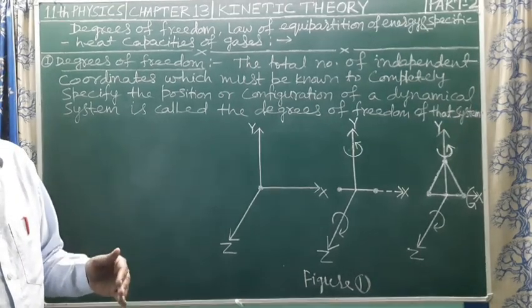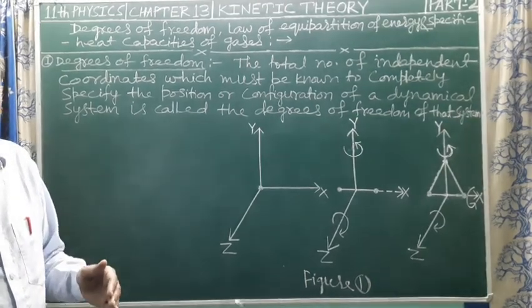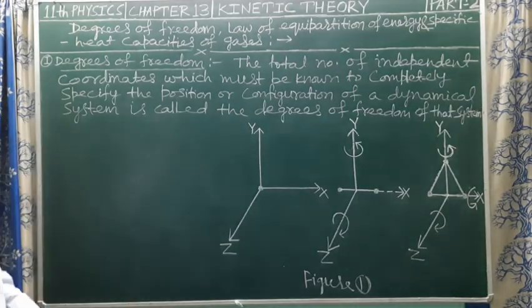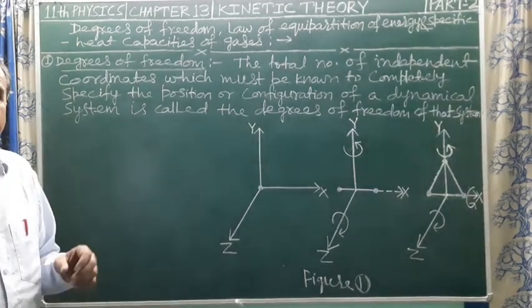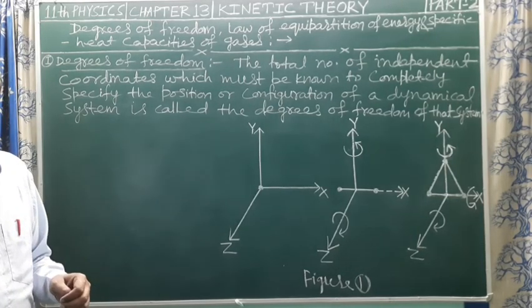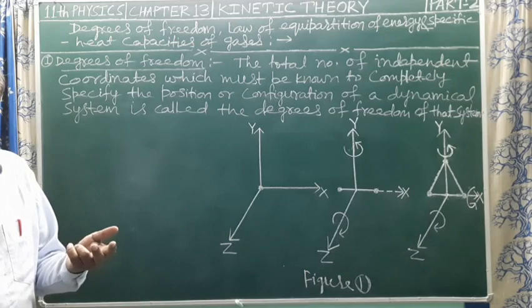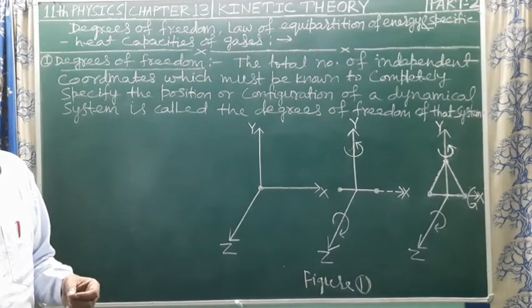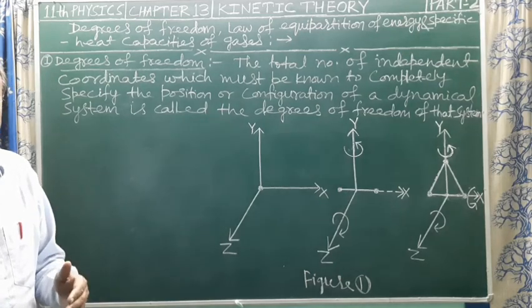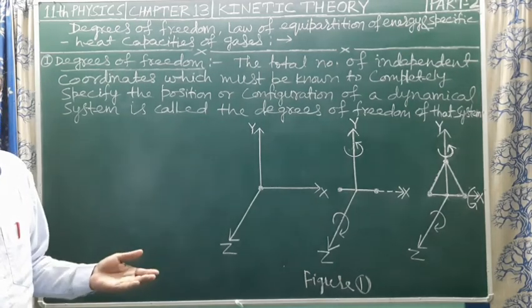Degree of freedom of a particle restricted to move along a straight line is only one. But if a particle is restricted to move in a plane, then there are two independent coordinates needed to specify the position of the particle in that plane.